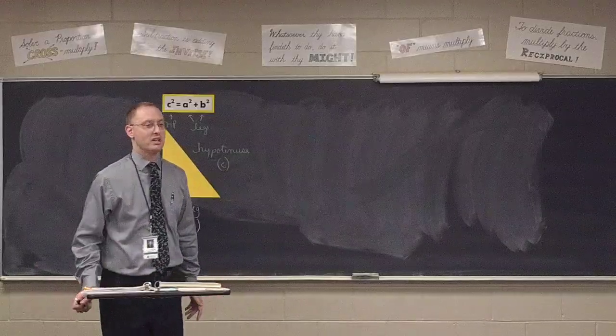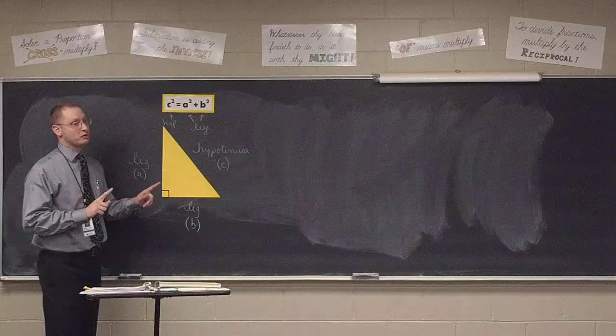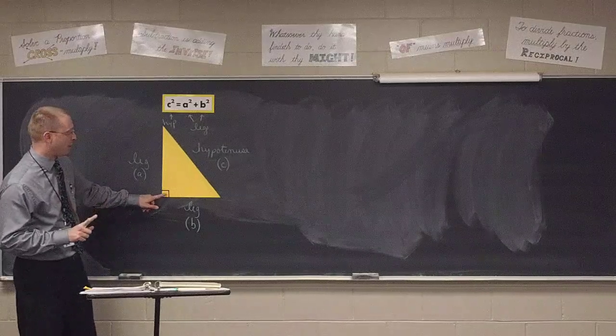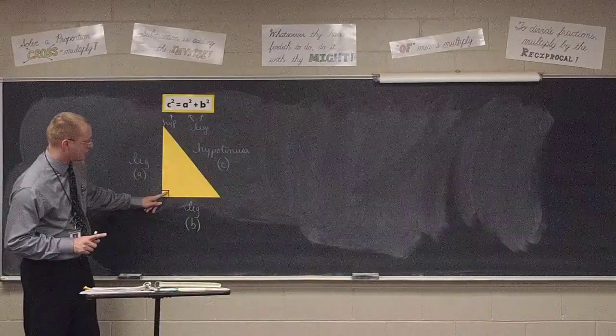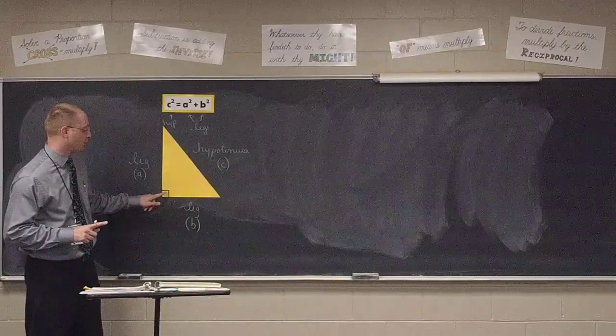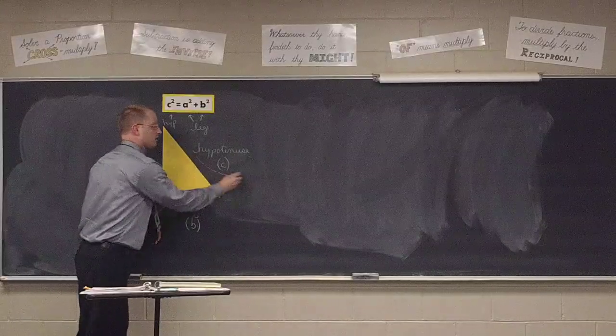How do you know which one's the hypotenuse? This goes back to what we talked about with triangles months ago. I expected you to remember this. The hypotenuse is always across from the right angle. So if you see the little box, imagine the point's like an arrow. Whichever side the little box points to, that's the hypotenuse. That's your C.